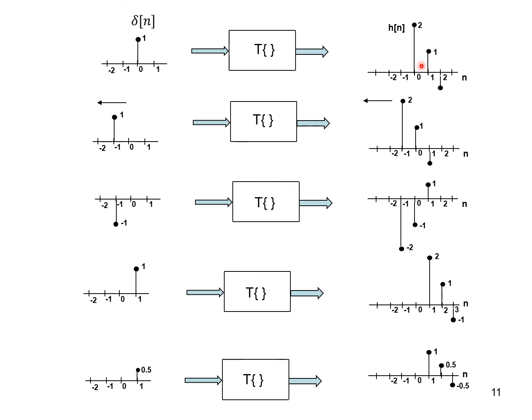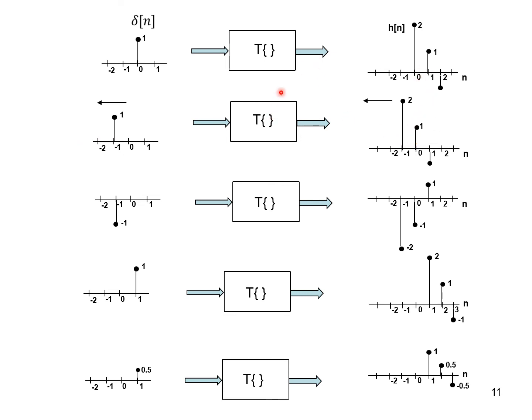The result would have been the same, only advanced by one sample. See, it started at 0 because the impulse was at 0. Now because the impulse starts at -1, the output starts at -1 here also: -1, then 2, 1, 1. It got shifted. When I shift the impulse backward by one sample, the output is the same, just shifted.